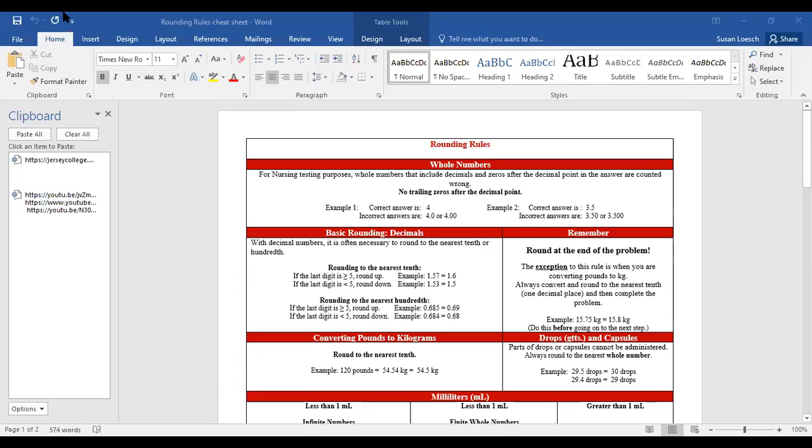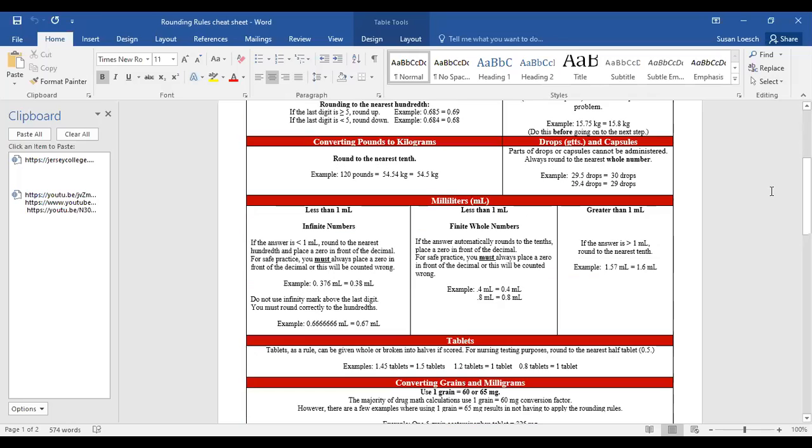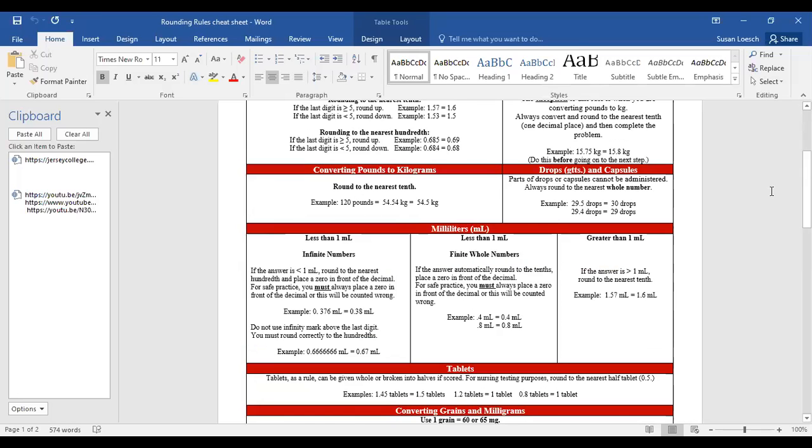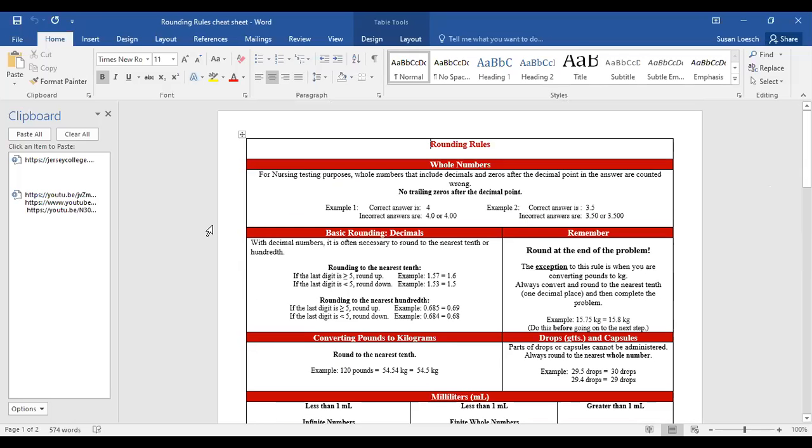Rounding to the nearest 0.5, if you have 1.2, it will be 1 tablet. If you have 1.3, it becomes 1.5? No, it doesn't. 1.3 is still 1 because it's less than 5. The only way you round up is when it's higher than 5. But when it's less than 5, you remain at 1. Do you understand that, please?